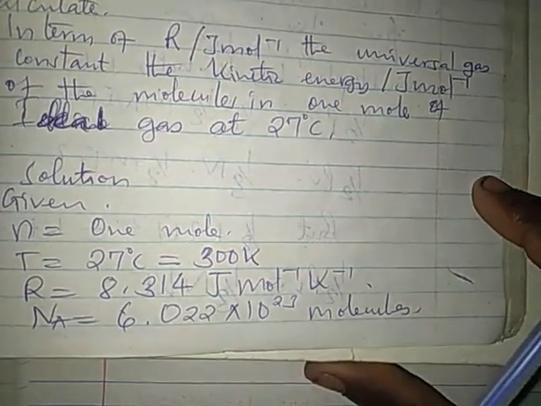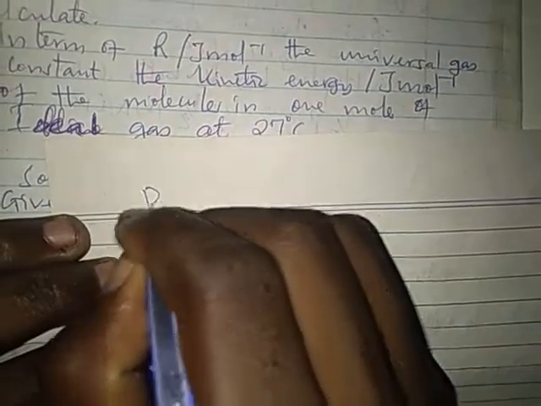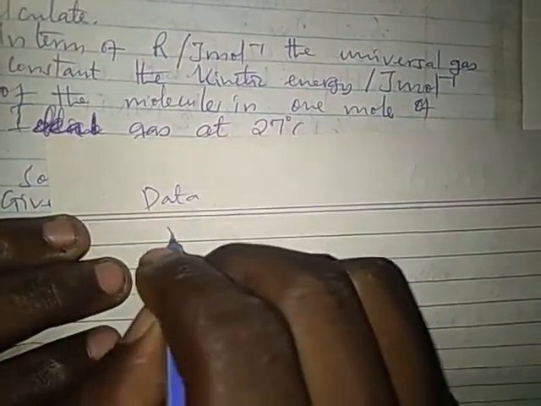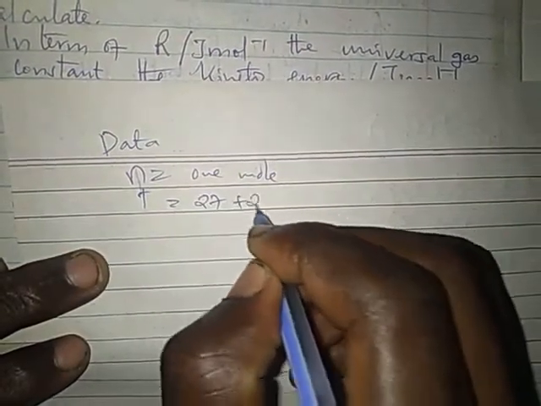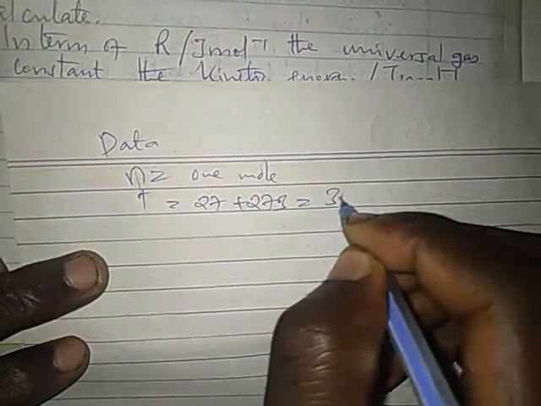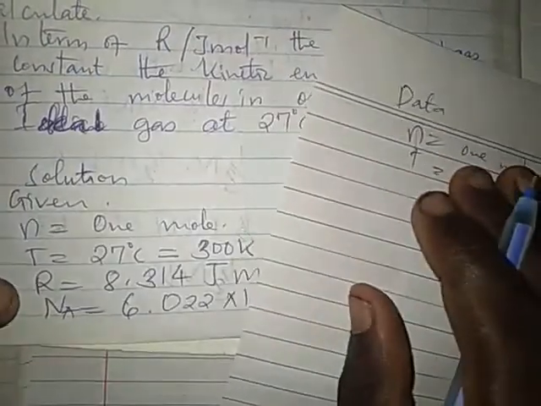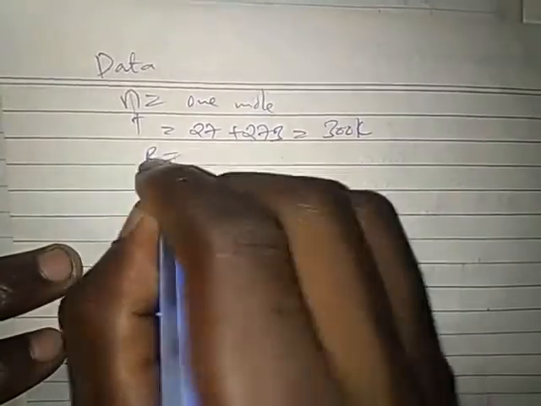Unaona kwamba tumepewa number of moles kwenye swali letu. Tukisema data: number of moles is equal to 1 mole, then tuna temperature 27 jumlisha 273, Kelvin, then R tumeambiwa yuko kwenye nini?